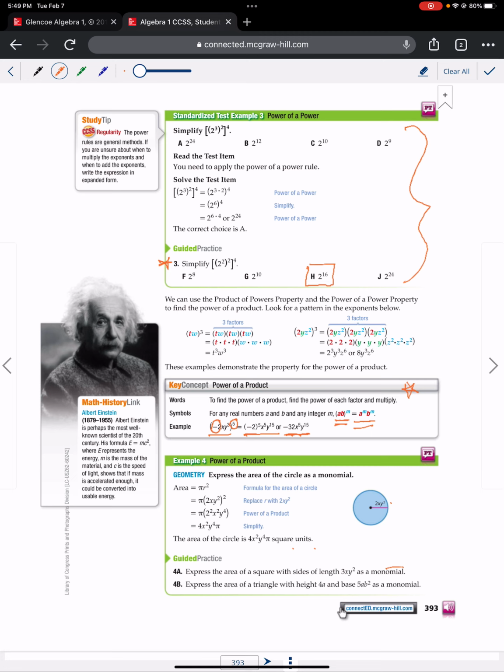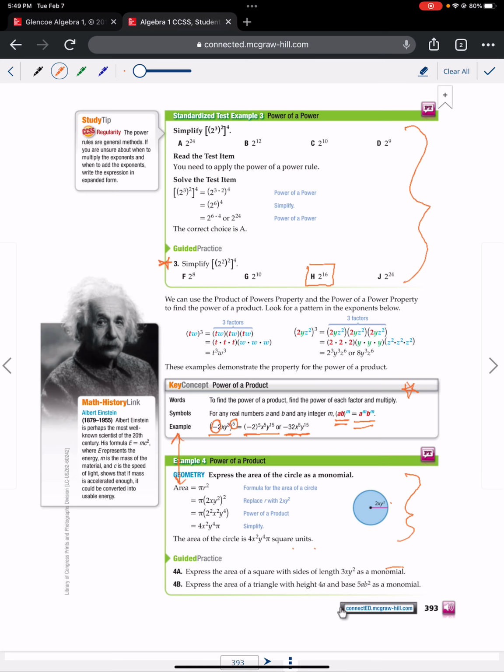In this example, once again, if you look at it, it's basically just an area of a circle problem where you get to have a power of a power. You get to do a very simple example, much like this one up here. These two become the same kind of process.